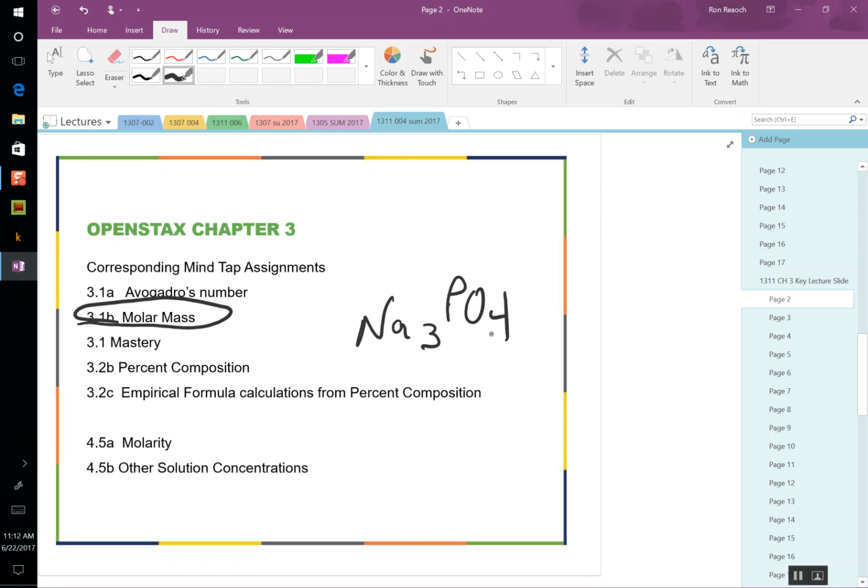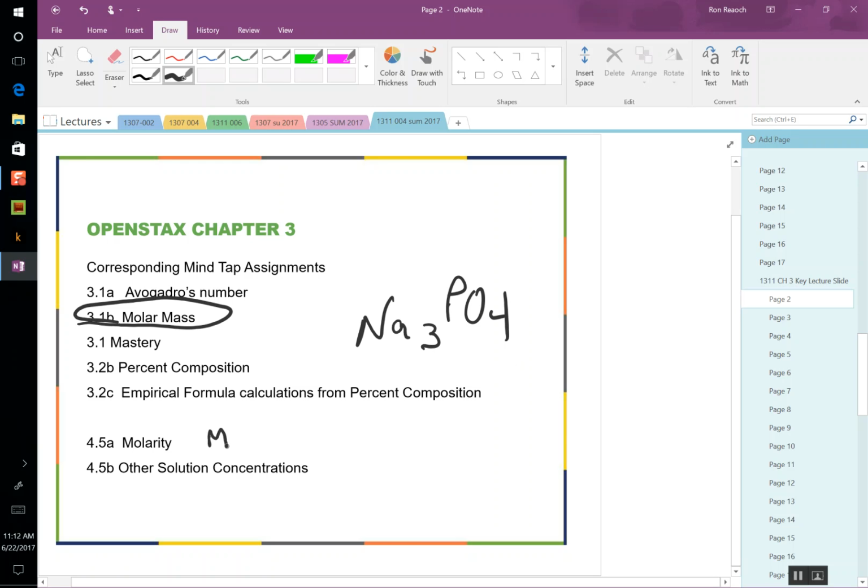We can redo some of these things. Let's do sodium phosphate, and then empirical formula is where you are given a percent composition and then asked to figure out what that would be.